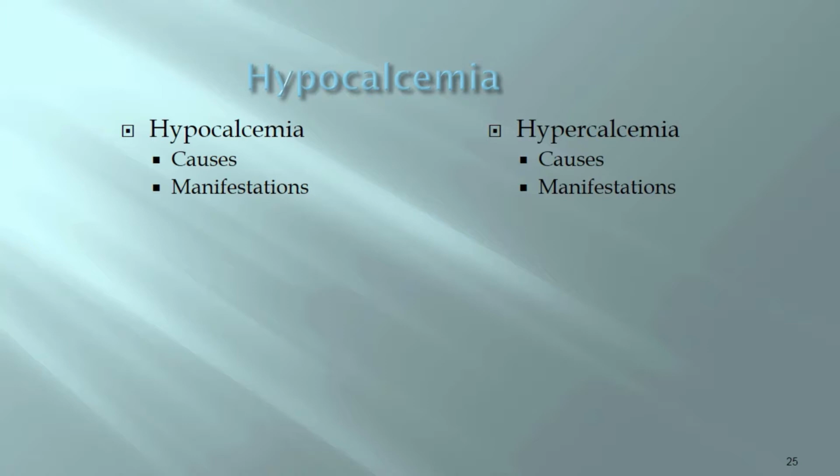Again, that will decrease the level of ionized calcium. One of the ways to diagnose pancreatitis, not the most direct way and not the most significant, but it will help to establish your diagnosis, is the lower levels of calcium, secondary to lipase.